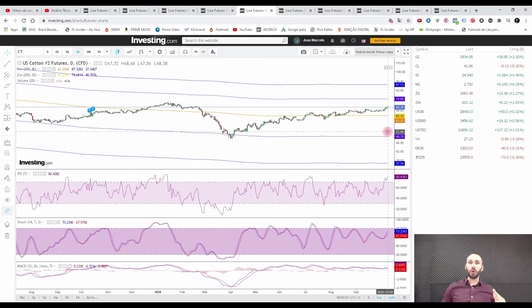The price always comes up, comes down, and comes up, and comes down and comes up. So right now the price has come up. It's a very good moment to sell part of your cotton, because the graphic tells us there is a high probability the price comes down. Even if it's a little movement, the price will come down. And that's what the price has been doing since April.